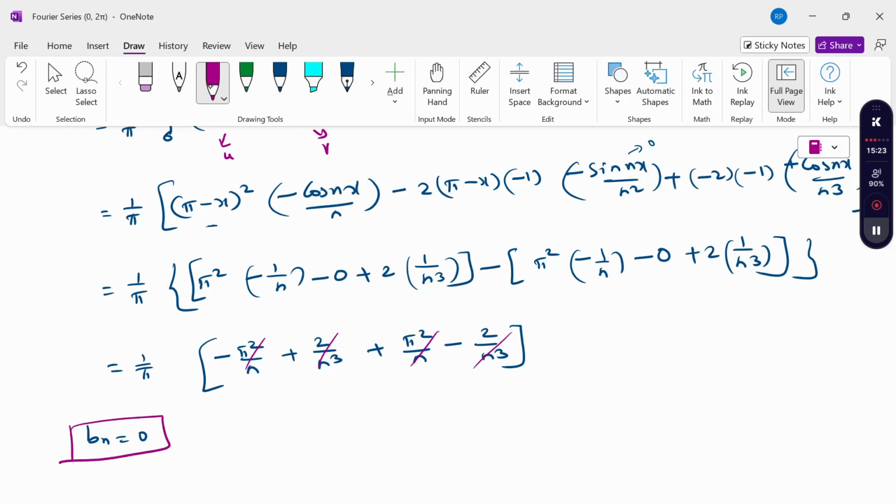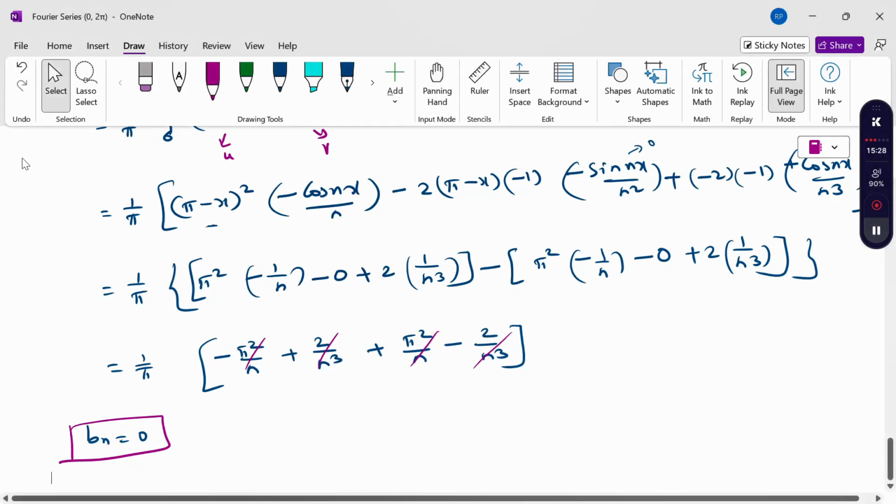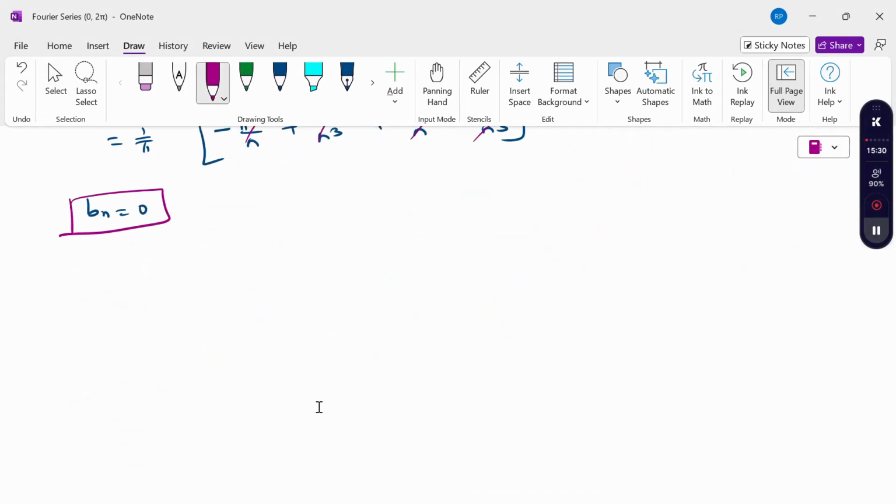Now substitute a naught, an, bn in the Fourier series expansion. So a naught is 2 pi square by 3, an is 4 by n square, bn is 0. Substitute these values into the Fourier series expansion.